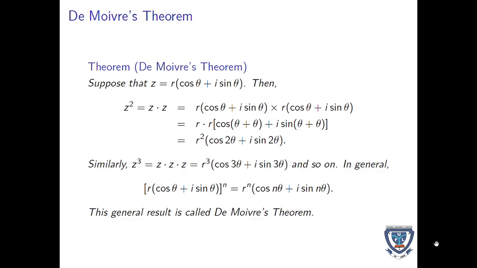Similarly, z raised to power 3 will give us r cubed (cos 3 theta plus i sine 3 theta). Therefore, in general, [r(cos theta plus i sine theta)] raised to power n will give us r to the power n (cos n theta plus i sine n theta). This is what we call De Moivre's theorem.